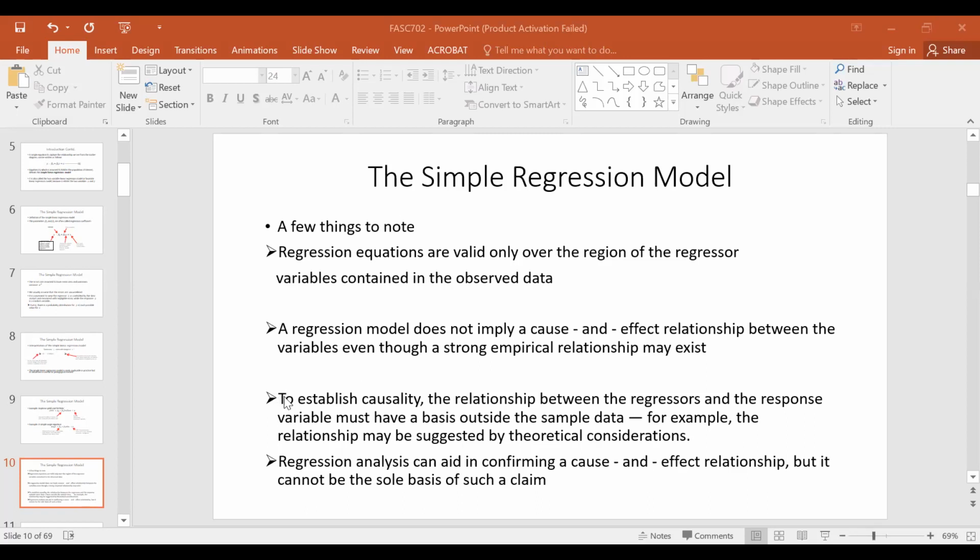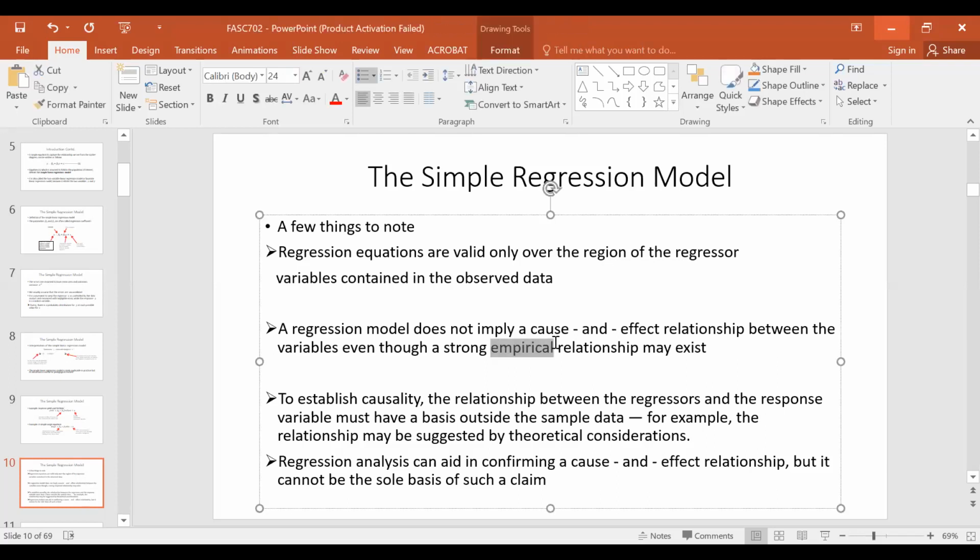Okay. So to establish causality, the relationship in a regression model does not imply a cause and effect relationship between the variables, even though a strong empirical relationship may exist. When you hear empirical, think of it as the opposite of theory.